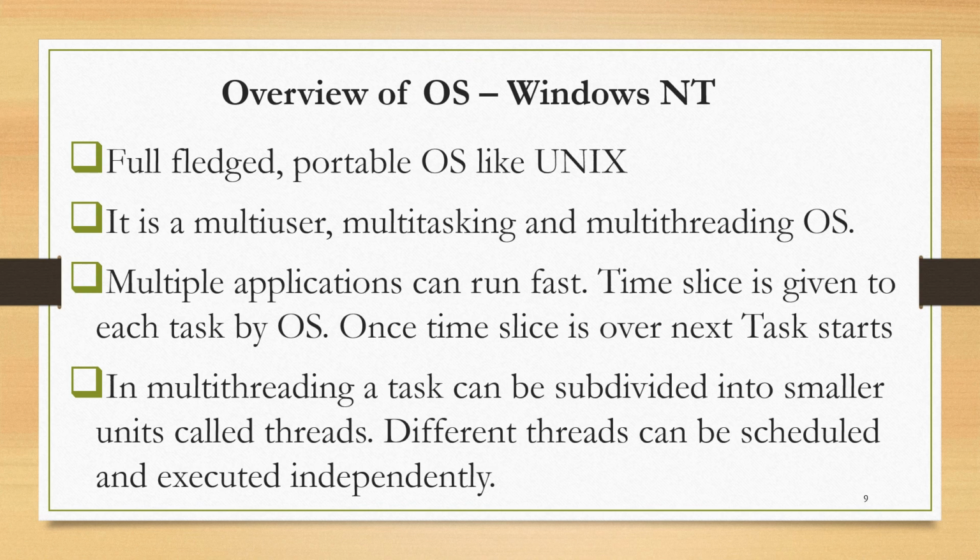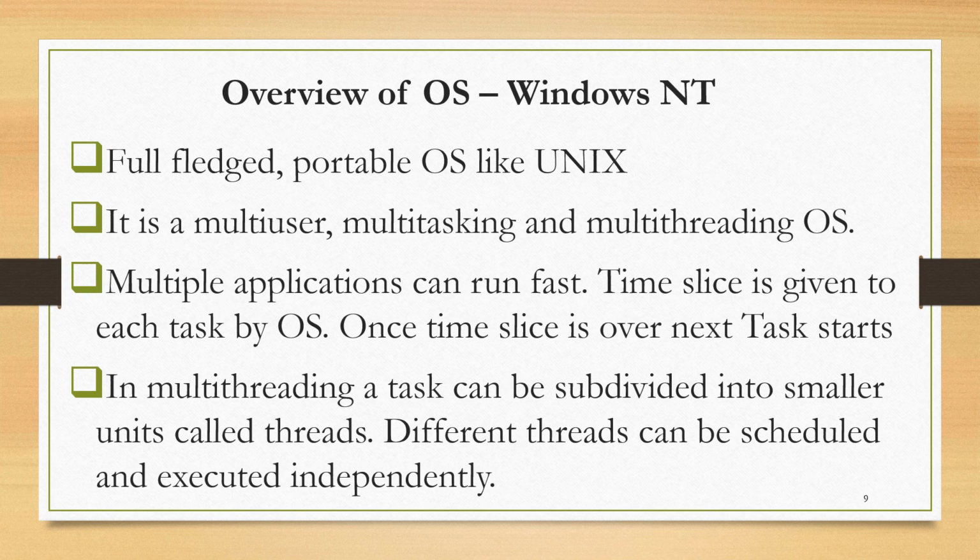In multi-threading, a task can be subdivided into small parts called threads. We have seen that multitasking means multiple tasks are performed by the CPU. Now one task is further subdivided into small parts, and that's called threads. So in multi-threading, tasks can be subdivided into smaller units called threads.